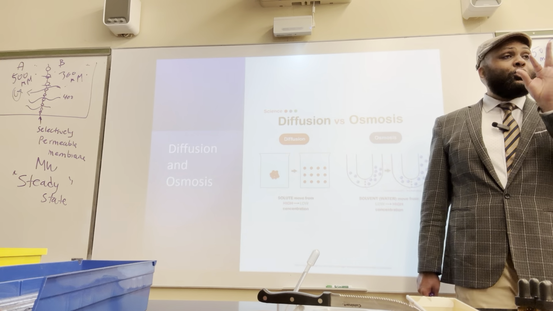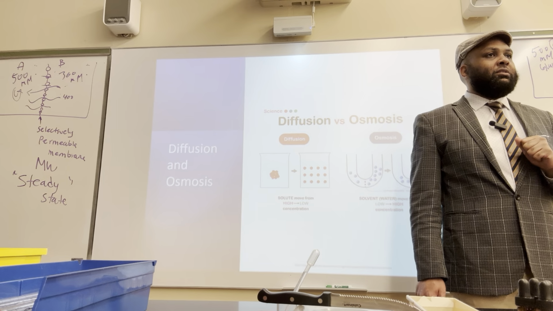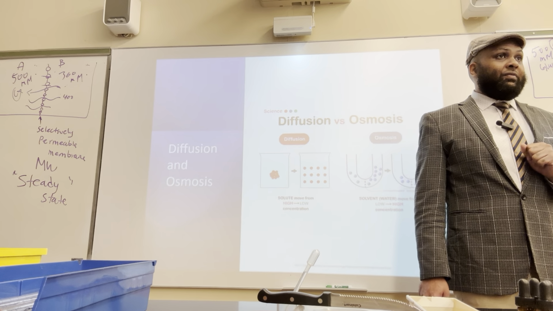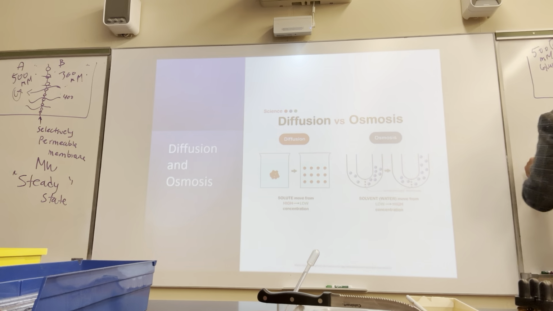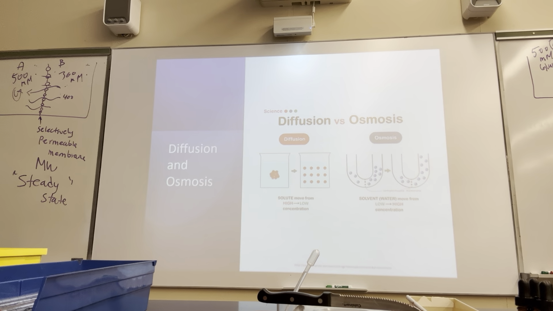Before, when the pores were big enough, we would have diffusion. But now the pores are not big enough to allow glucose to pass, but they're big enough to allow water to pass.